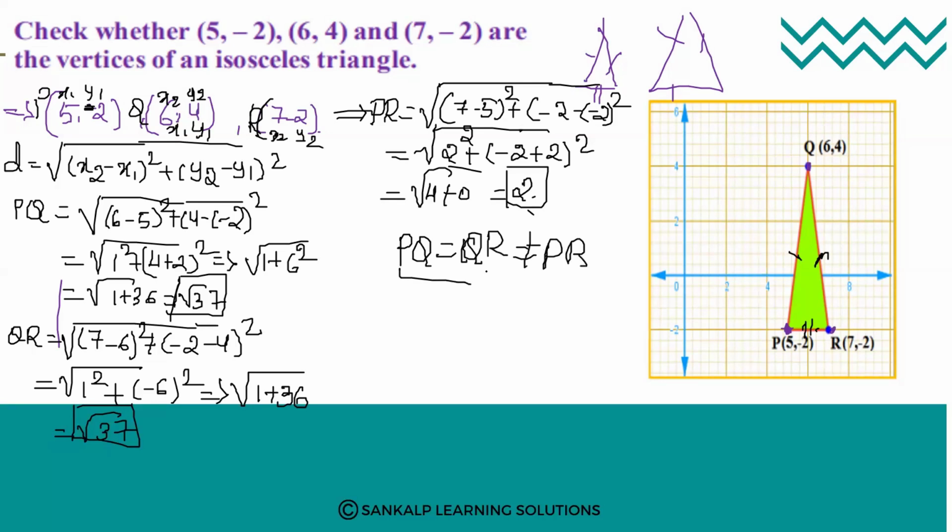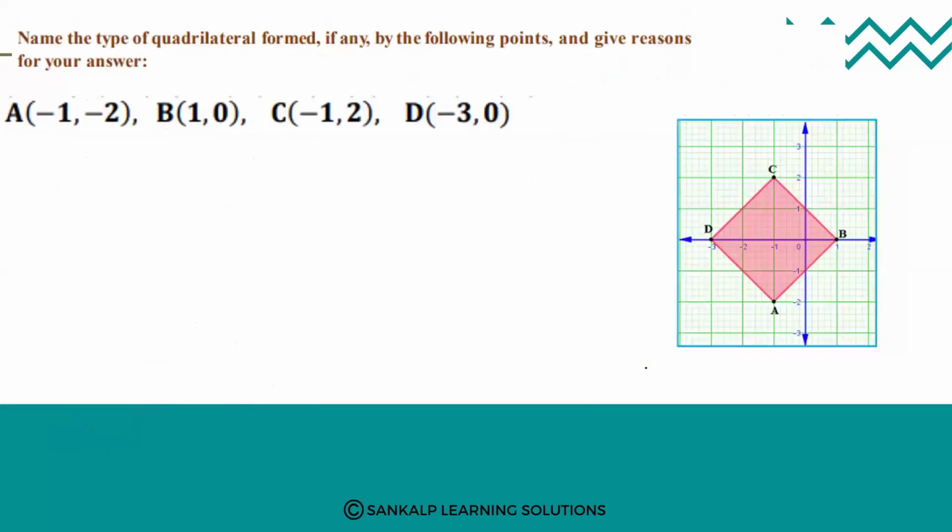These two are equal, but it is not equal to the third side. Therefore, triangle PQR is an isosceles triangle. Understood? Okay. Next question.